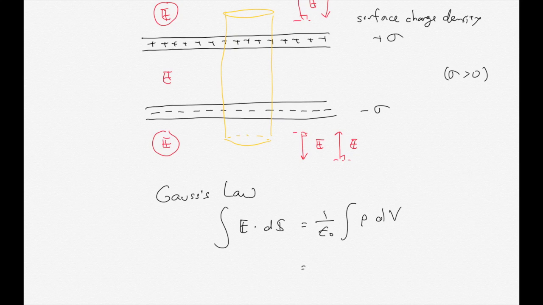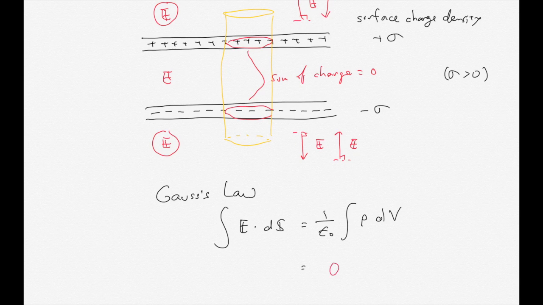Inside of the cylinder, positive charge exists here and negative charge. But the sum of the charge, positive and negative, should be 0, because the positive charge exactly cancels out the negative charge. So the right-hand side becomes 0.